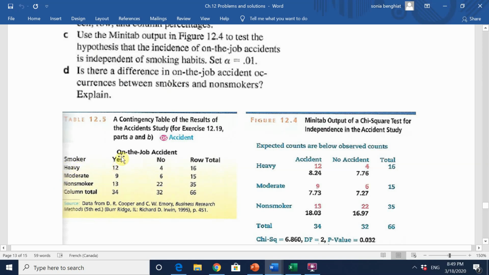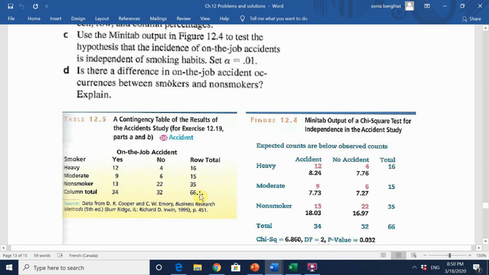Then we've got a second variable, on-the-job accident. And so here we've got 2 categories of answers. We've got yes and no. And so this information is taken over a random sample of 66 employees.